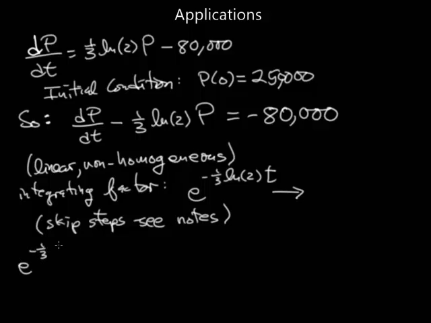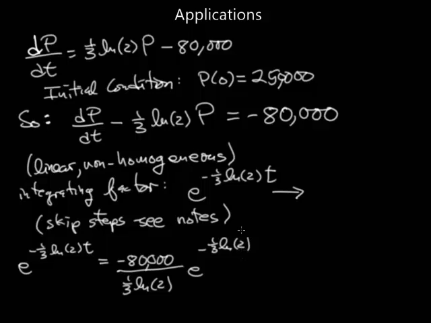When you multiply by the integrating factor, and after doing the integral, you conclude that e to the minus 1/3 log 2 of t times P is equal to this constant times e to the minus 1/3 log 2 of t plus some constant. And you solve for c by plugging in at time 0, when the population is 250,000.